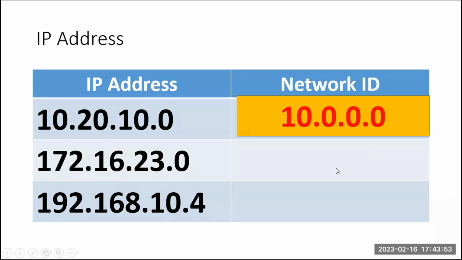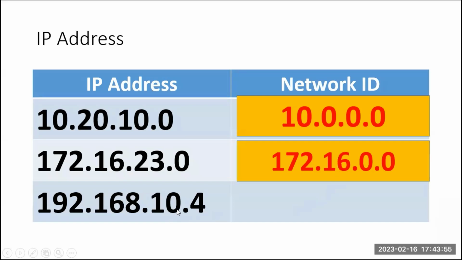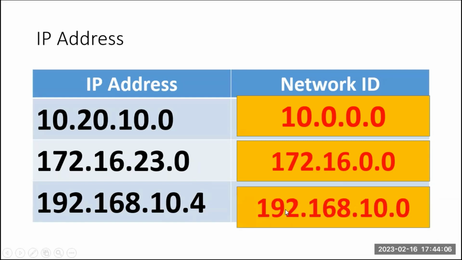Okay. And this one? 192.168.10.0. Great. It's as simple as that. So that's how we identify the network IDs.